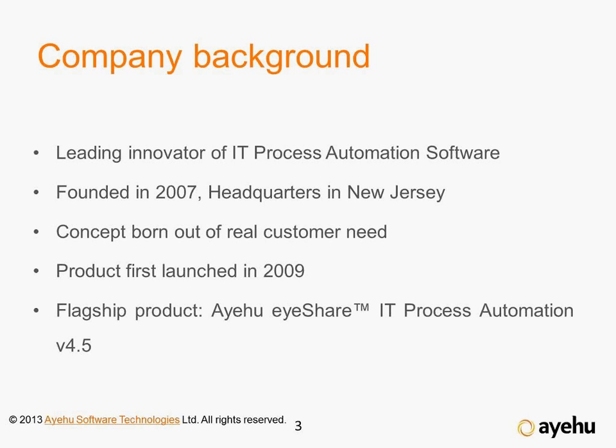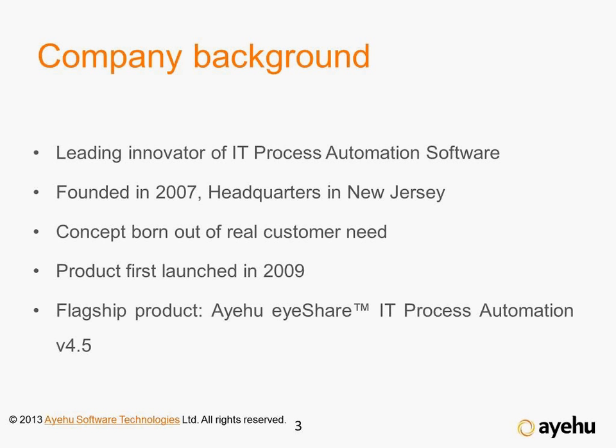So a little bit about us. IAHU is, not surprisingly, a leading innovator of IT process automation software. We were founded 6 years ago, and we are headquartered in New Jersey now. The origin of the tool that we have was born from real need.